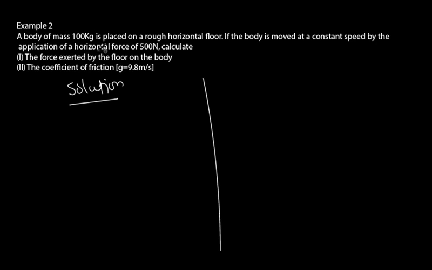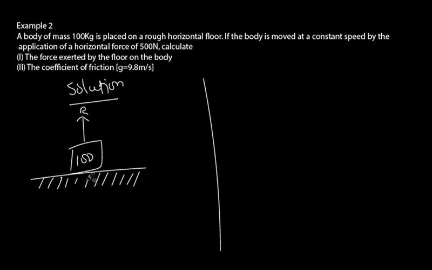Let's draw the diagram first. So we have a rough surface over here, then we have our body on it, our body of 100 kilogram. We have our normal reaction going upwards. We have our weight, which is equal to the mass times gravity acting downwards. Then we have our frictional force, which is opposing, and then we have our applied force P, which in this example is 500 newtons.